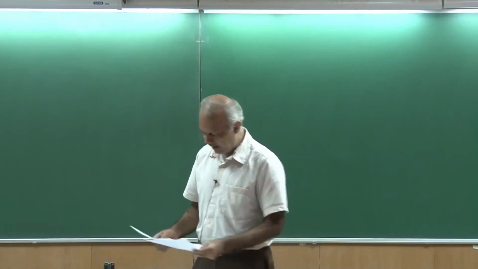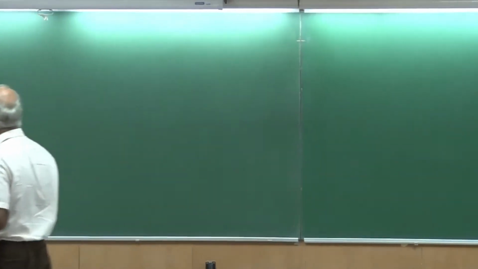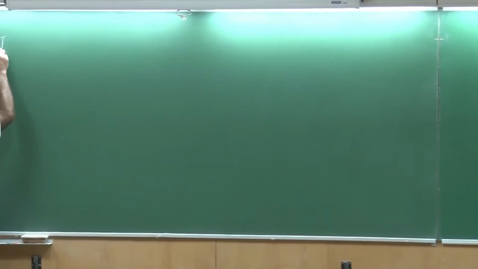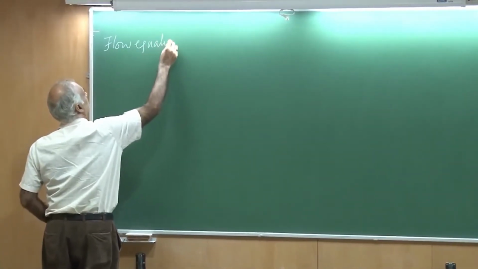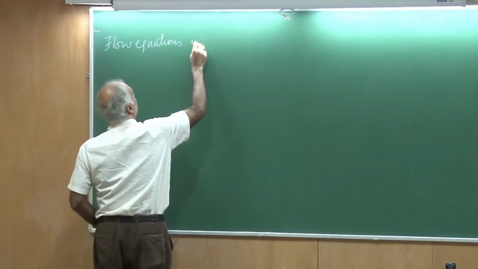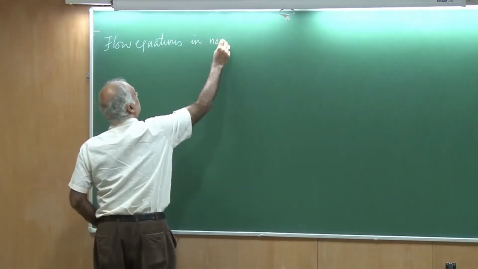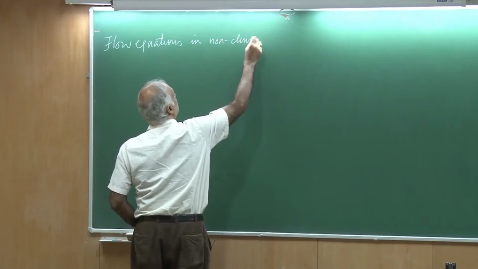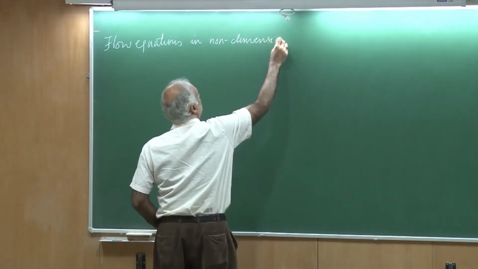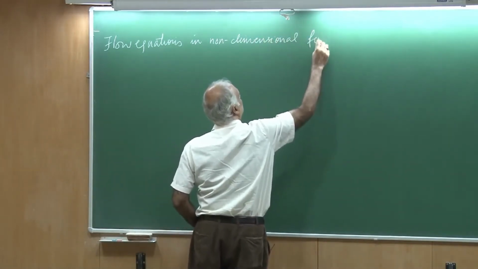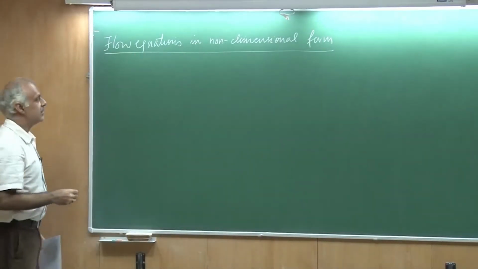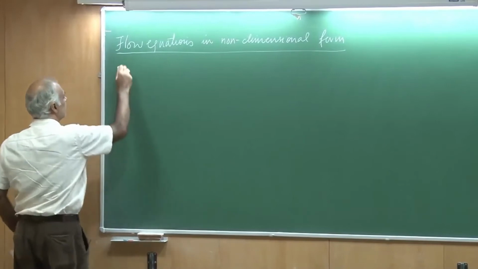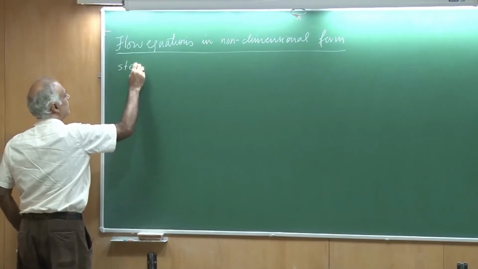So if you recall, we looked at the flow equations in non-dimensional form. And in the last class, what we had done is we assumed that the flow be steady.